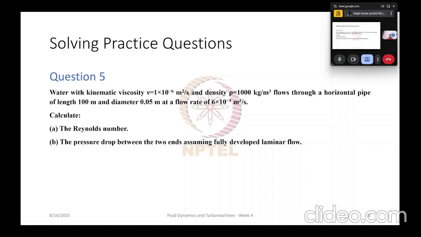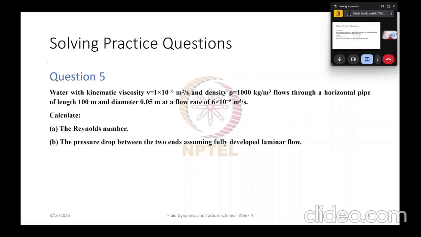That's the flow rate. So there are two things we have to calculate. We have to calculate A, the Reynolds number, and option B, the pressure drop between the two ends, assuming fully developed laminar flow.